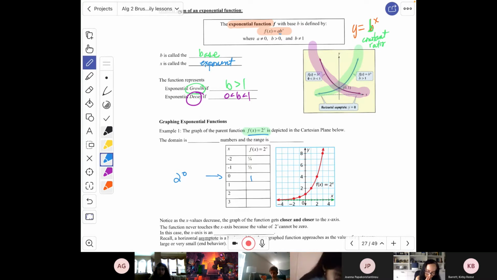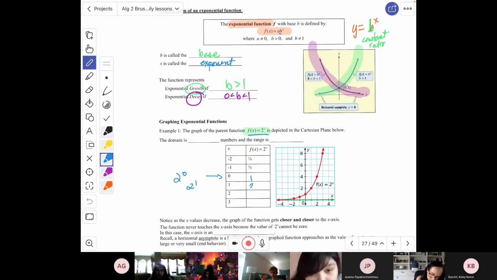What is the output? Christopher, let's try again. What is the output if the input is 1? Christopher, what do you think? 2. Yes. And if the input is 2, Natalie, what happens if the input is 2?